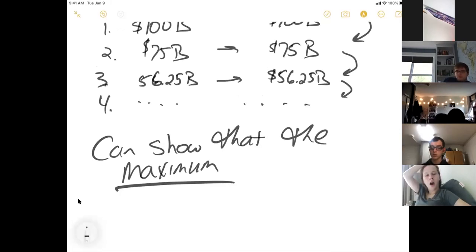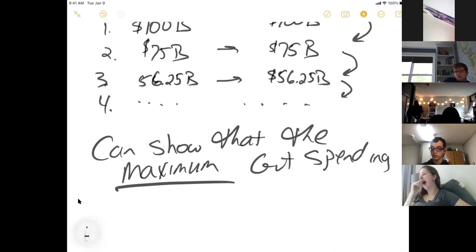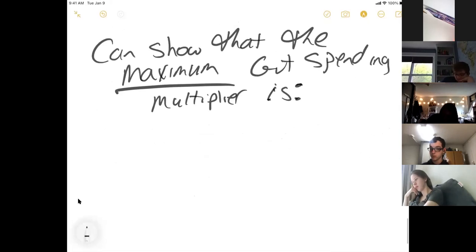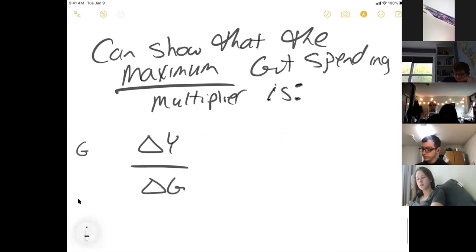You can actually show that the maximum government spending multiplier can be calculated as the following. The government spending multiplier is the change in output you get relative to a change in government spending.